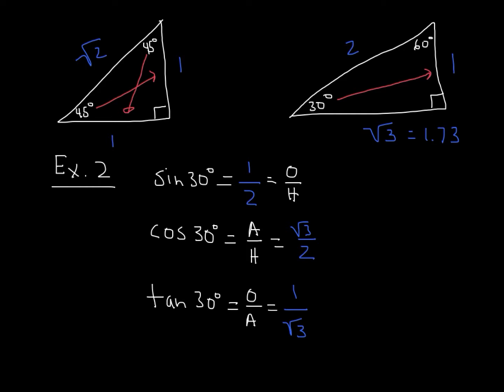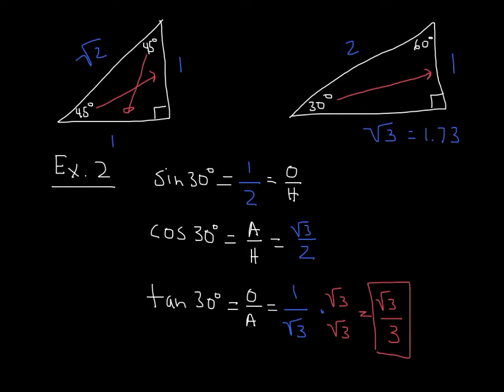And so what you're going to see more frequently is it written after you multiply the top and bottom by root 3. So notice if you multiply the top and bottom by root 3, notice what you get. You end up getting root 3 over, well, we know that a root times a root just gives you the number underneath the root, so that's just 3. So that's probably what you're going to see more than likely.